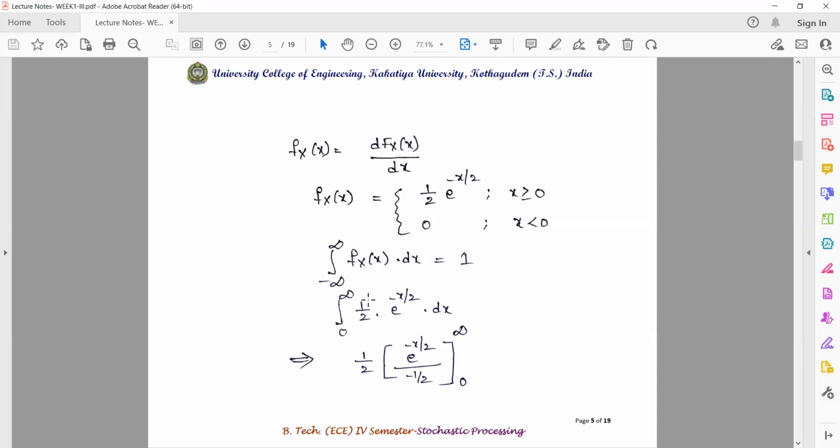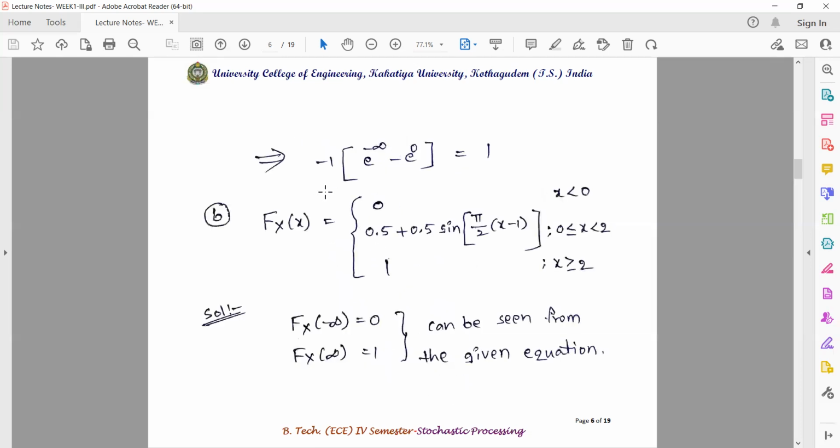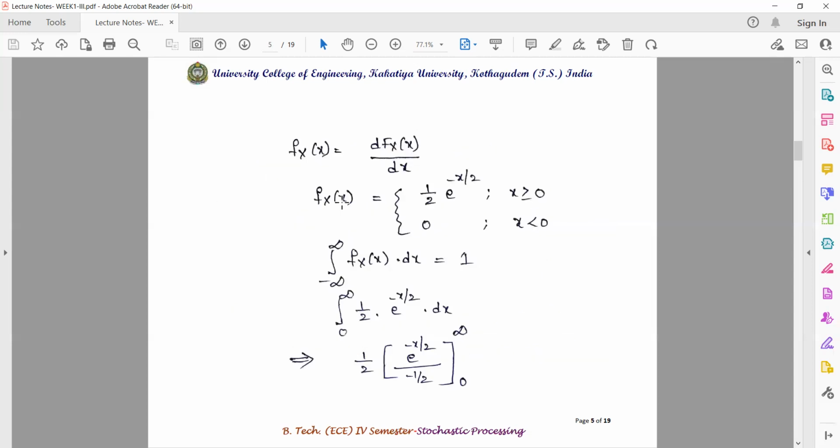So the integral from 0 to infinity of 1 by 2 e power minus x by 2 dx. Doing the integration, 1 by 2 is kept outside. The remaining e power minus x by 2 integrates to e power minus x by 2 divided by minus 1 by 2. Substituting the limits 0 and infinity, we get e power minus infinity minus e power 0.